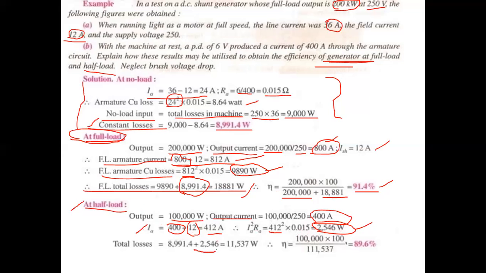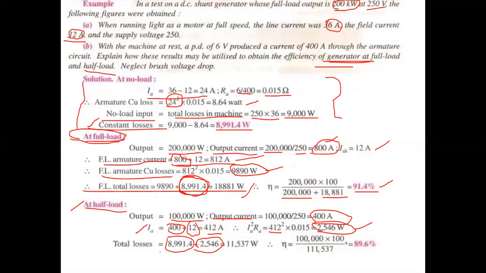You can see the armature copper losses during half load are not the same as at full load, but the constant losses at half load and at full load are the same, meaning the constant losses are independent of load. You have to keep this in your mind. Constant losses are independent of load.